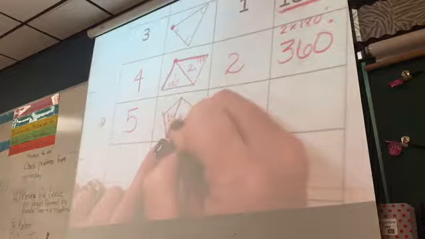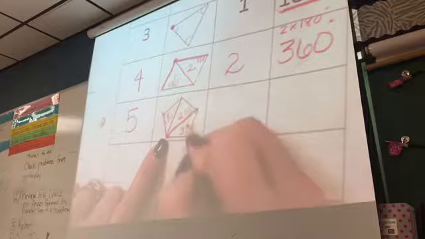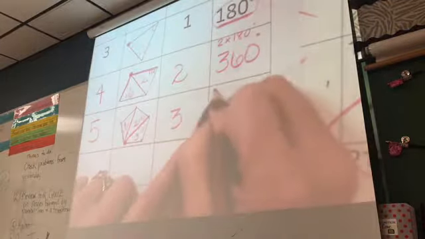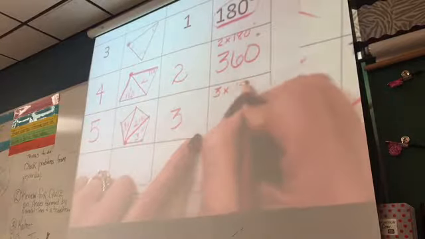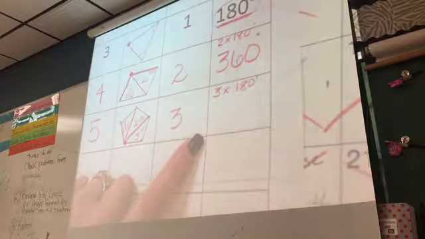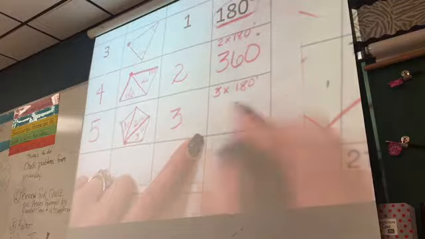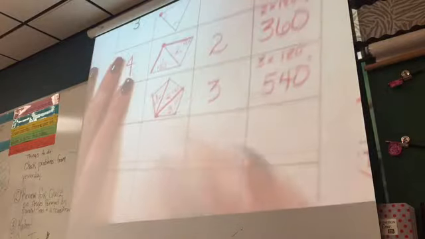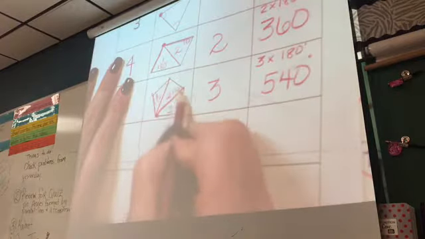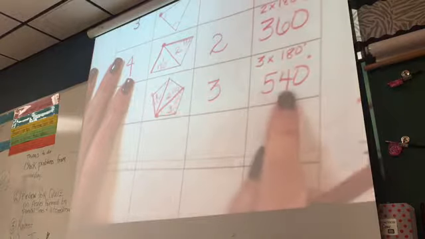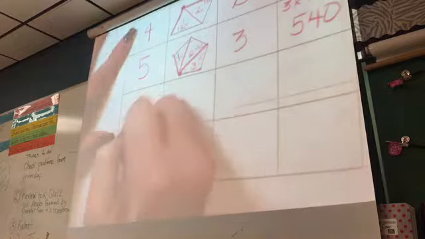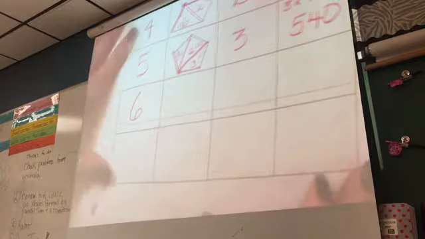Again, if each triangle is 180 degrees on the interior measures, and I have 3 triangles, then you know to take 3 triangles, multiply that by 180 degrees, and that would tell you how many degrees would be in a pentagon. And that should be about 540 degrees. So if I were to measure each one of these angles in here, they would all add up to be 540 degrees. Okay, the next one would be a 6-sided, and that would be a hexagon.